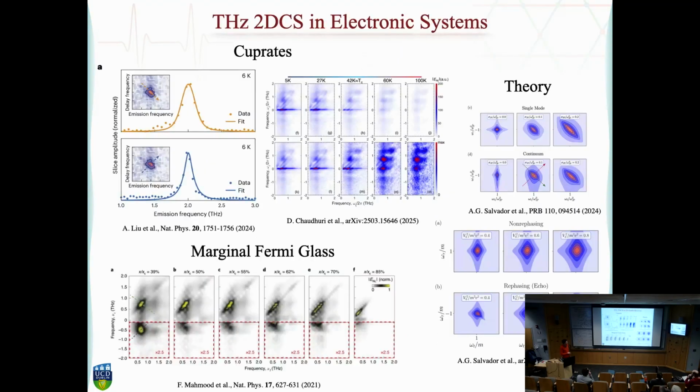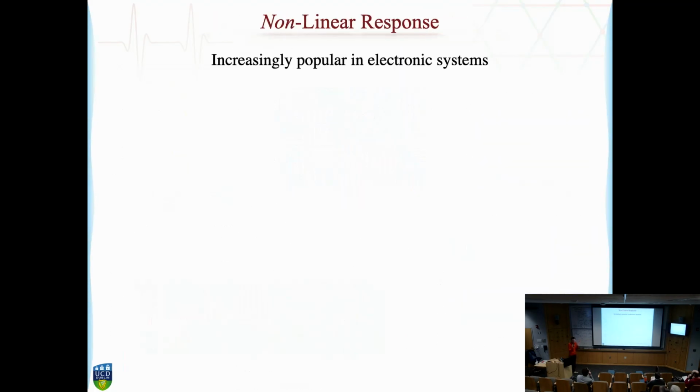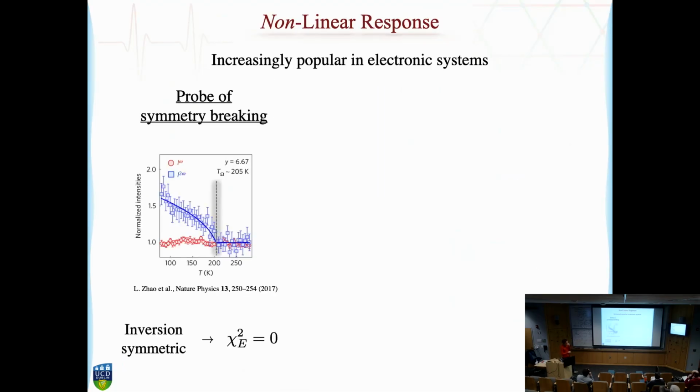Then I also just want to mention, although we'll talk about spectroscopy exclusively in this talk, nonlinear response in general has become quite popular. It's quite a buzzword these days in electronic systems. For example, there's a famous one from David Hsieh's group, where they look at second harmonic generation as a probe of inversion symmetry breaking.